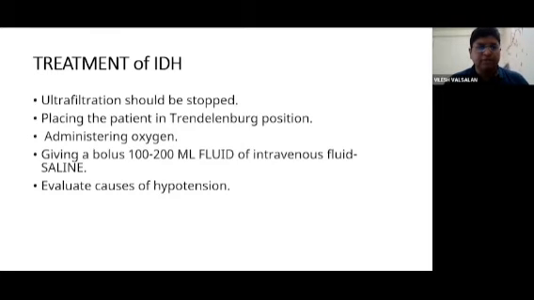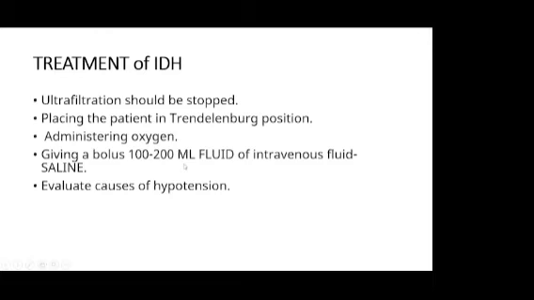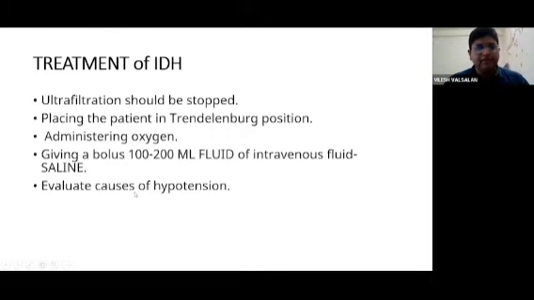You administer oxygen to the patient so that you improve the cardiac activity. You give a bolus of 100 to 200 ml of IV fluid saline, so that you can bring up the blood pressure, and then start evaluating what the causes of hypotension are in that particular scenario.